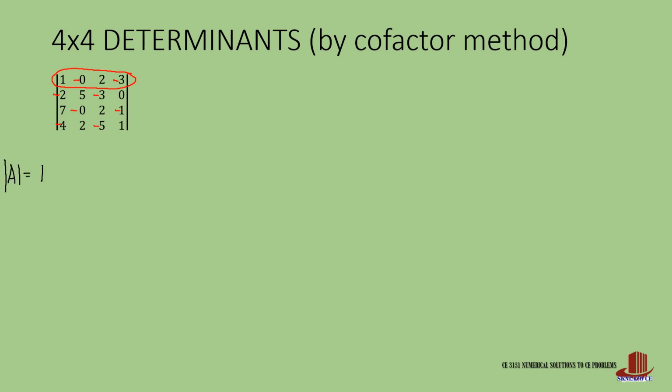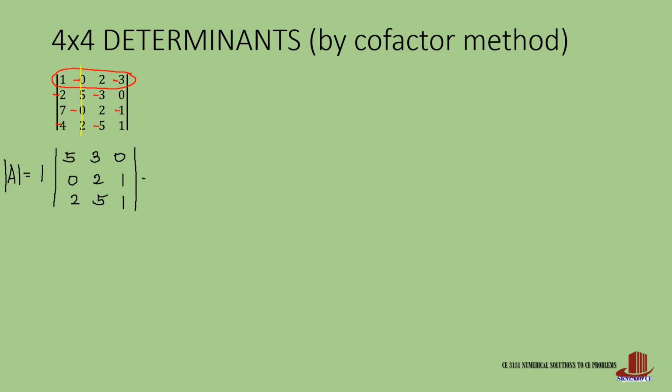So for the first element, we would be having 1 or positive 1 with the remaining elements 5, 3, 0, 0, 2, 1, and 2, 5, 1. Move on to the next. The next is 0.